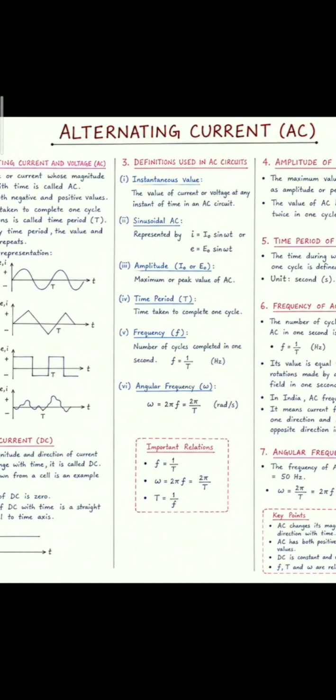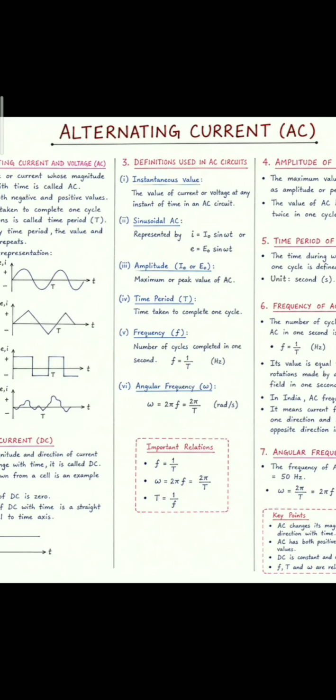And definitions used in AC circuits. First one is instantaneous value. The value of current or voltage at any instant of time in an AC circuit. For example, if a current changes from 5 ampere to 30 ampere in 30 seconds, we have to know how much current will change at a particular instant of time, like 5 seconds to 10 seconds.